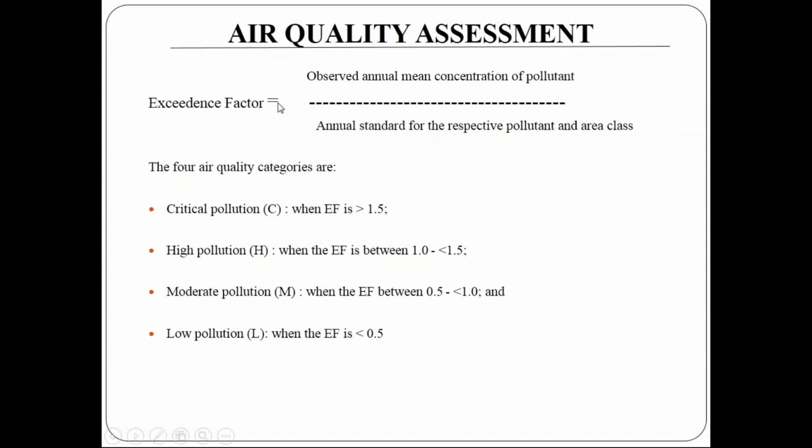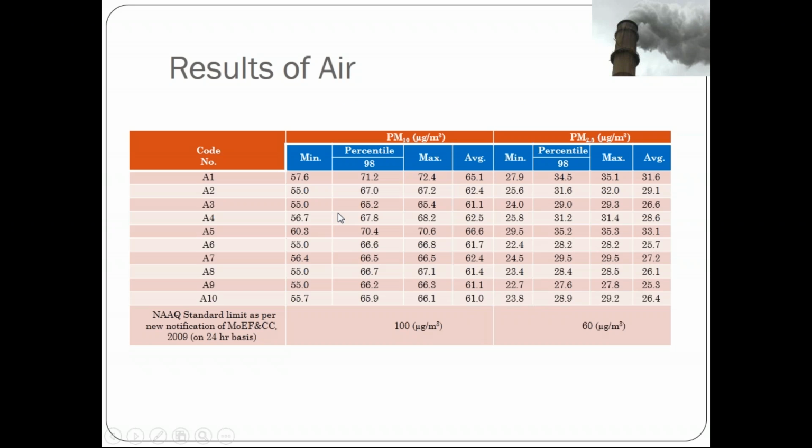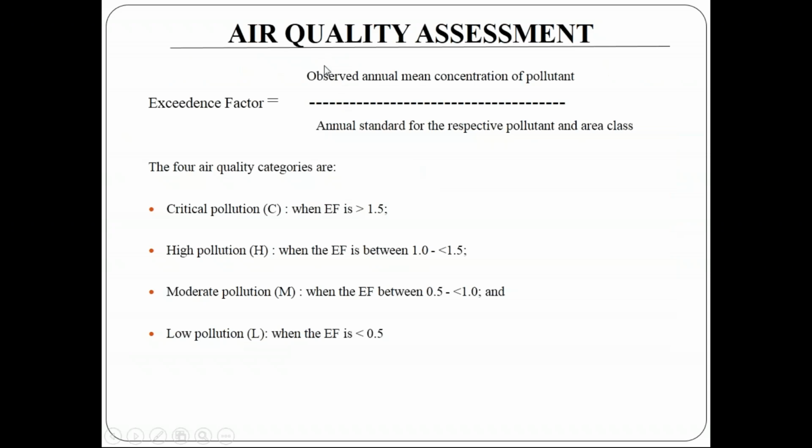And also we have to calculate the exceedance factor when we have this type of air quality. Now we can calculate the exceedance factor. For calculation of the exceedance factor, here you can see the observed annual mean concentration. Here you can put not only annual, you can put your average 3-month mean value for rapid EIA. For comprehensive EIA, you have to put the annual mean concentration of the pollutant divided by the annual standard of the respective pollutant.